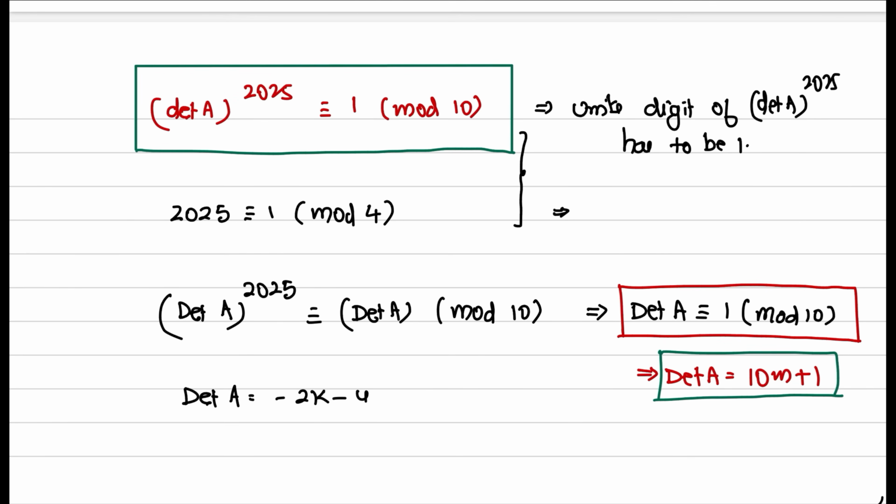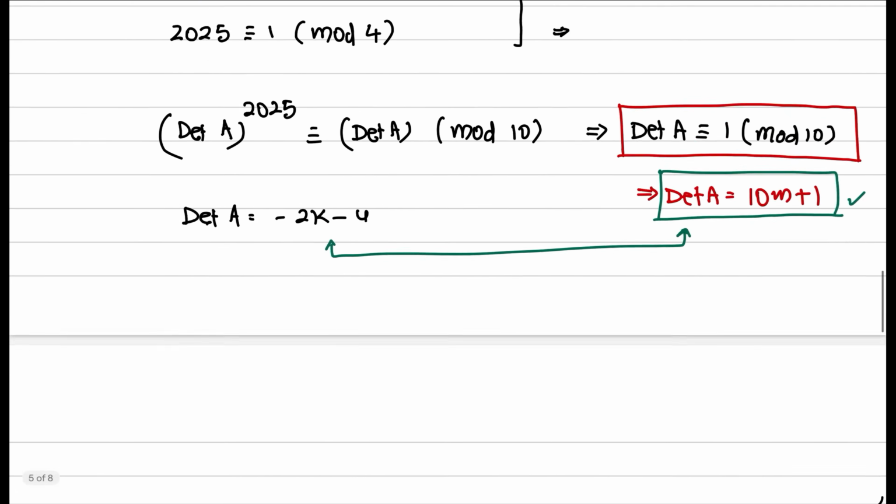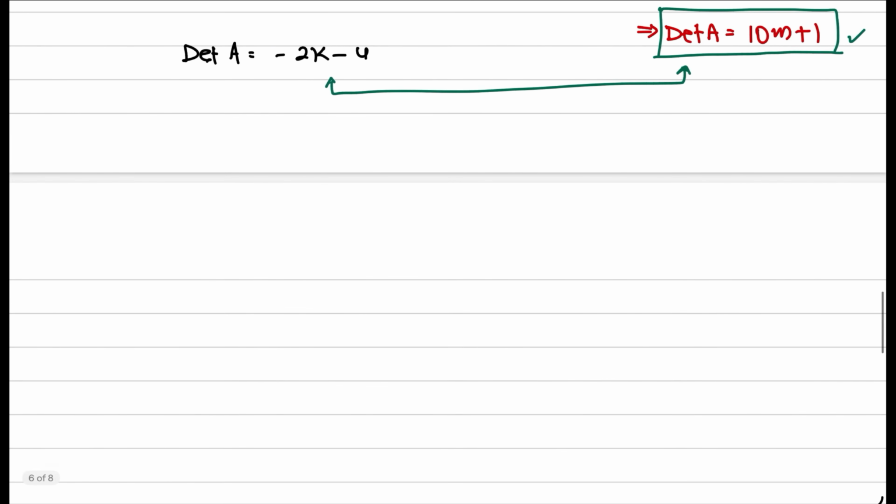Because determinant A divided by 10 gives a remainder of 1. That means from these two, we get the relation minus 2k minus 4 is equal to 10m plus 1.